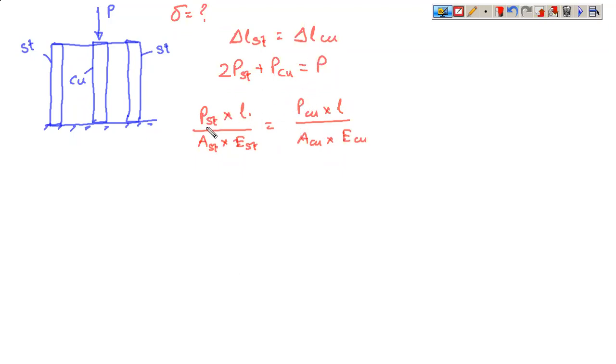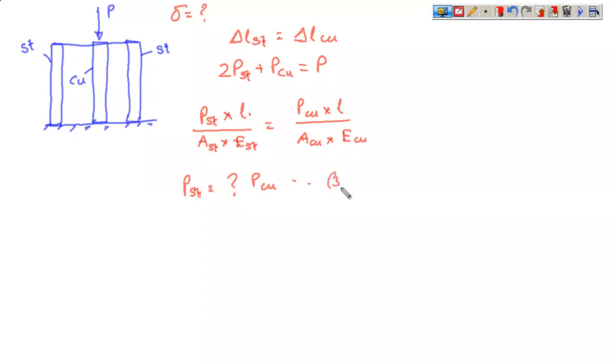ठीक. अब चूंकि यहाँ पे दो स्टील मेंबर्स हैं तो 2 टाइम्स P स्टील, मैंने चलो एक एक करके निकाल लेते हैं. सो ये हो गया. इससे आपको P स्टील और P कॉपर के बीच में एक रिलेशनशिप मिल जाएगी, क्योंकि L पता है, A पता है, E पता है. तो आपको you will get a relationship P steel is equal to some constant times P copper.